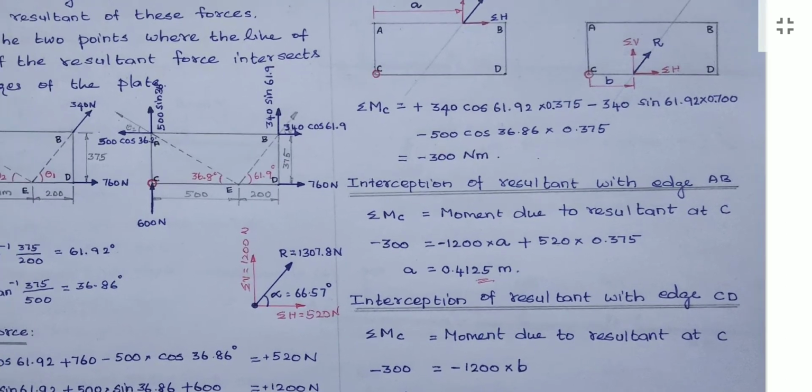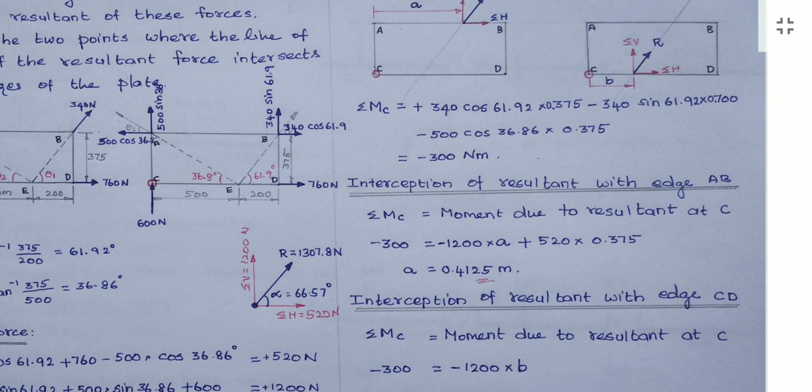Then in order to find the value of B, we assume that the force is acting at this point. We can assume any distance, because the force can be transmitted to any place in the body along its line of action. So I am assuming that the force is applied at the point of intersection of this CD with this line of intersection. Here I draw sigma h and sigma v.